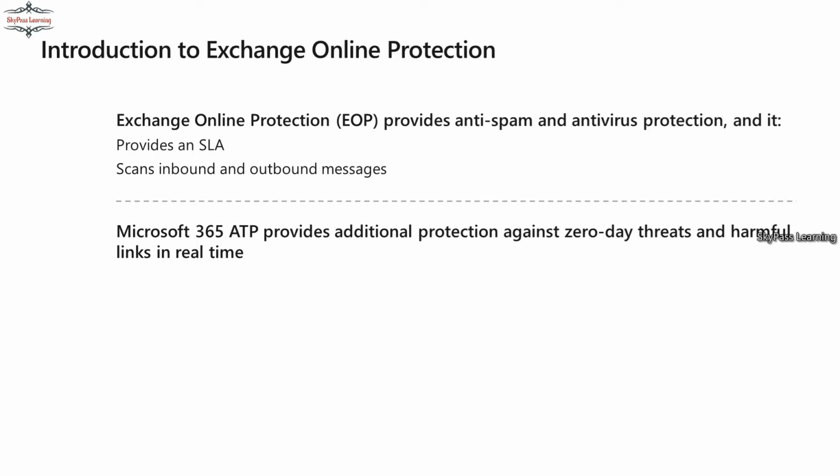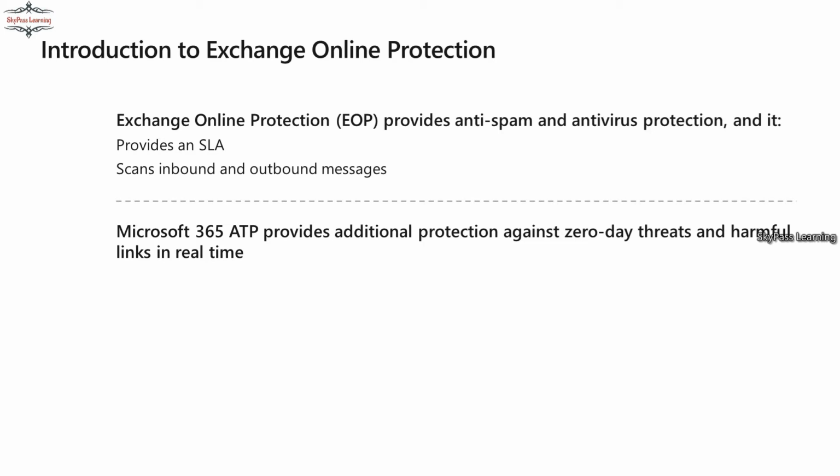In Exchange Online Protection, if you talk about Microsoft ATP, it has a false positive ratio of 1 in 250,000, so 1 would be the false rating as compared to 250,000. It has 99% anti-spam effectiveness.